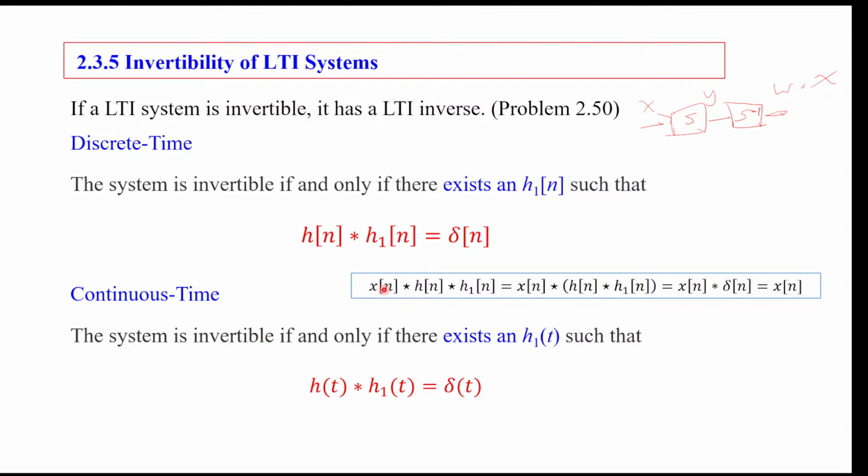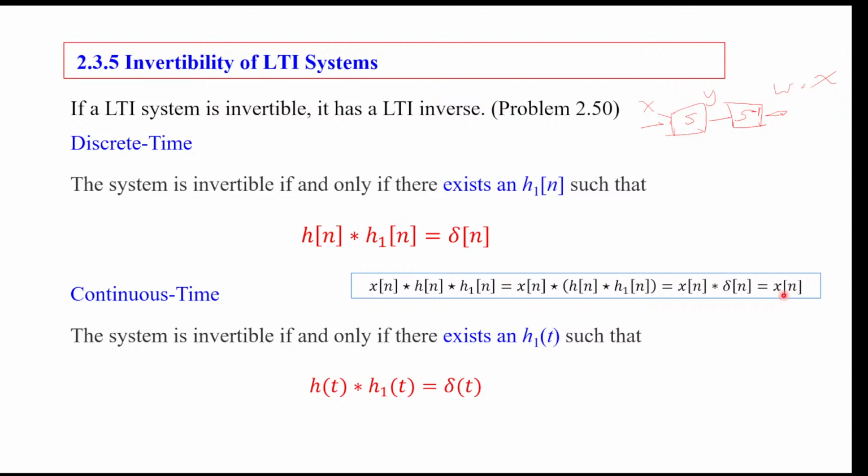It should not be too hard to show the only-if direction too. If this is not equal to delta, then this system is not the identity, so there must be some input such that the output is not equal to the input.